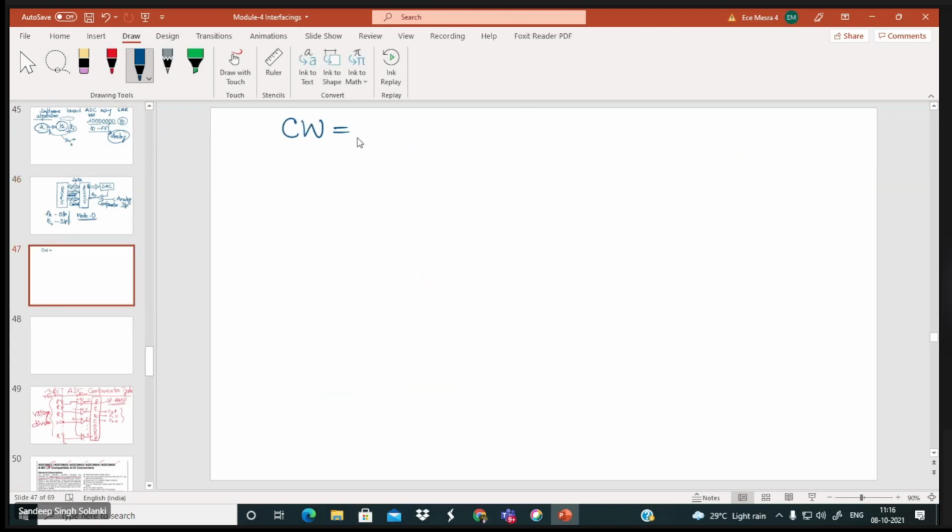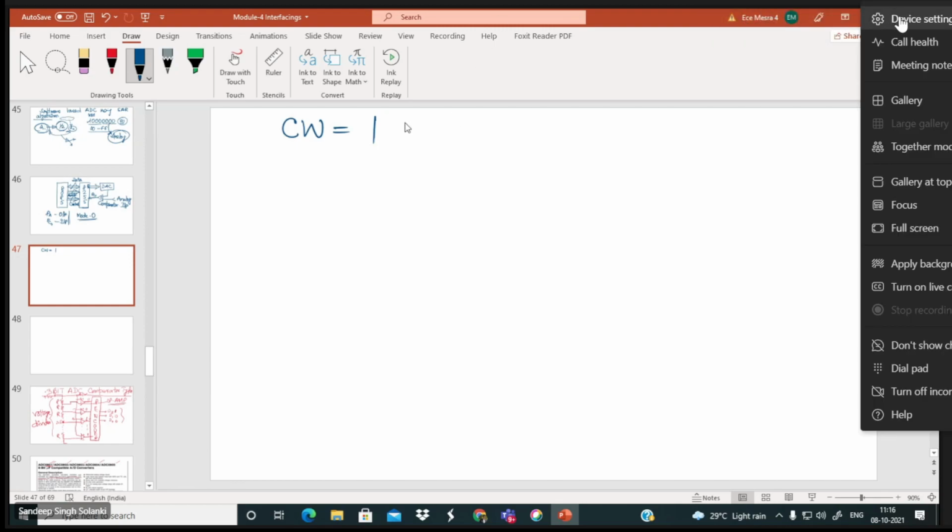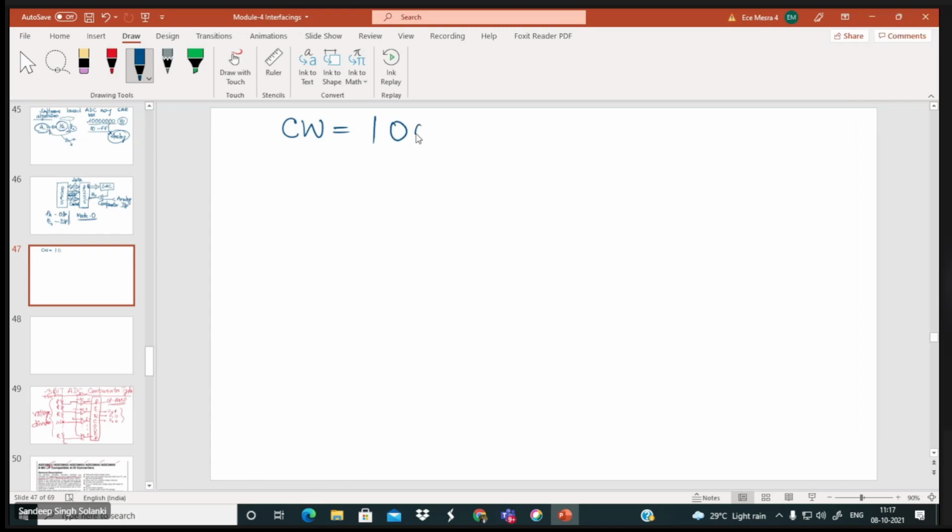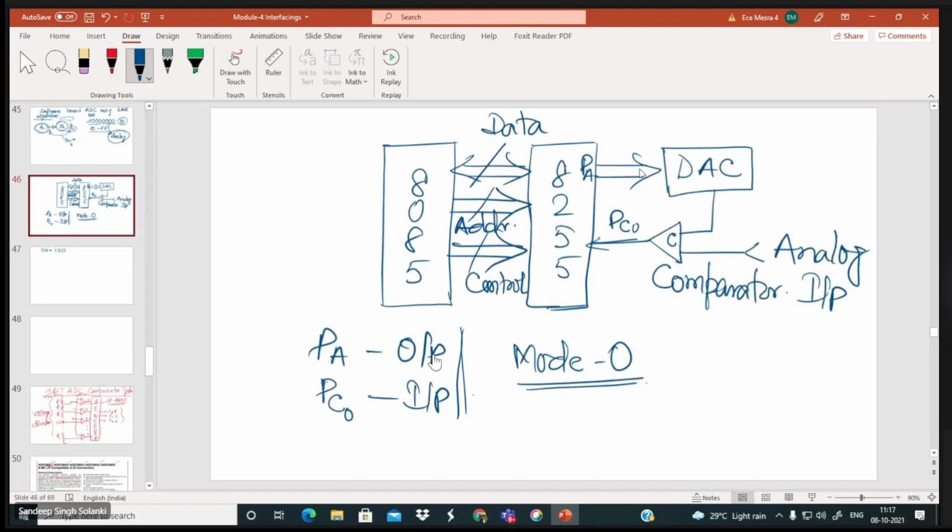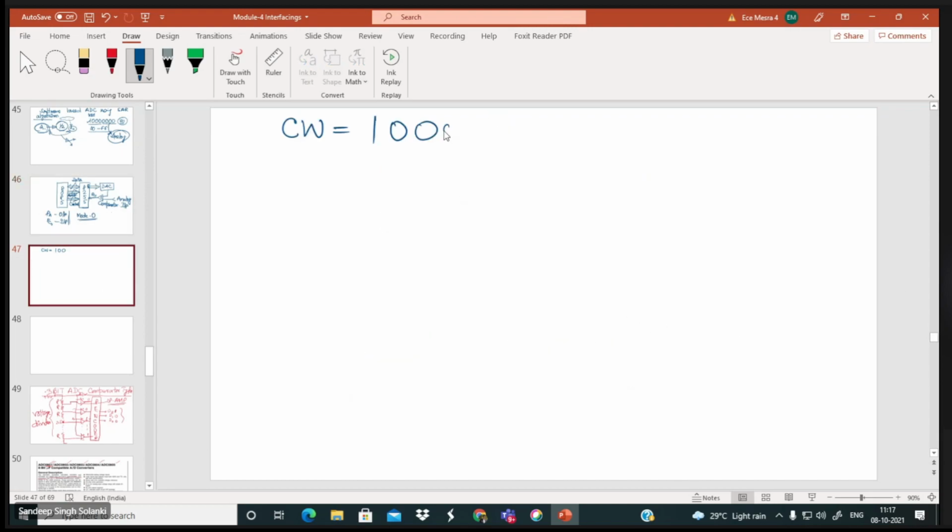Our next job is to create the control word, and for that control word, your MSB has to be kept as 1, and port A you are taking as mode 0, so the mode decision has to be 0, 0. Then port A has to be output, so for that output, once again 0.